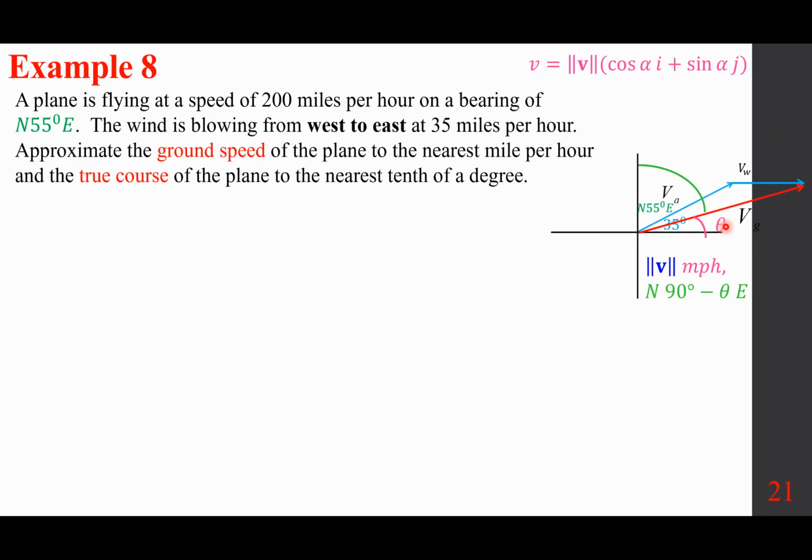Again, what do we need to find? The magnitude of this vector. The direction of this vector is north, east. So we need this angle. What is this angle? 90 minus theta.